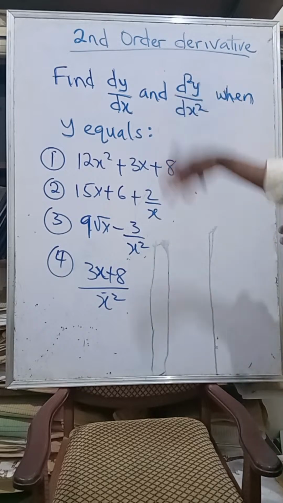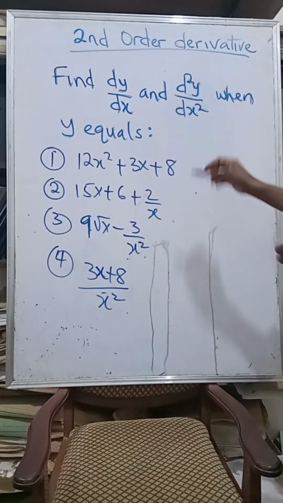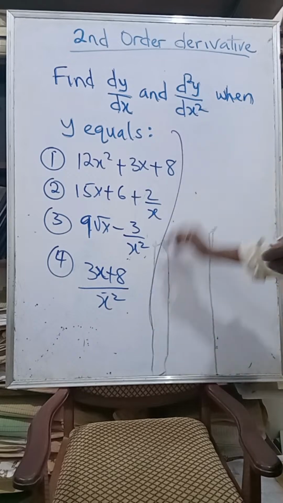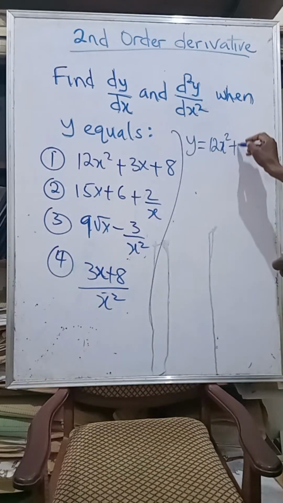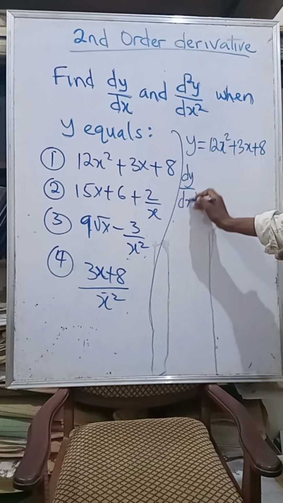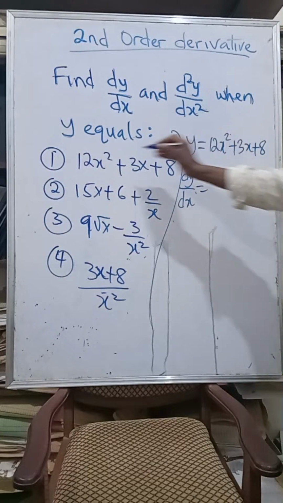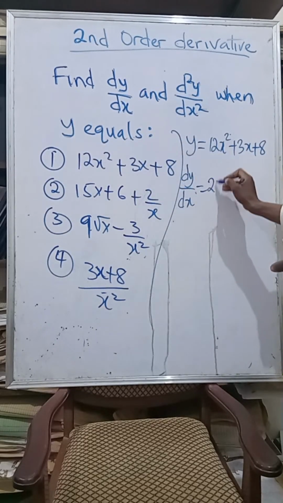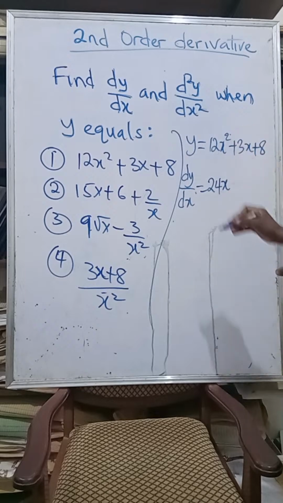So we have the function, so let's go straight to the solution. The first one, we have plus 3x plus 8. The first differential, which is dy/dx, will be equal to this: the 2 here will go to the front. That's 24x to the power minus 1, plus 3. That's that for the first case.